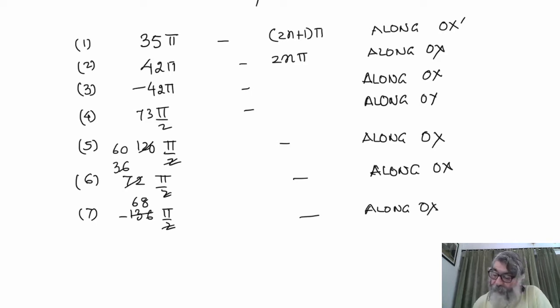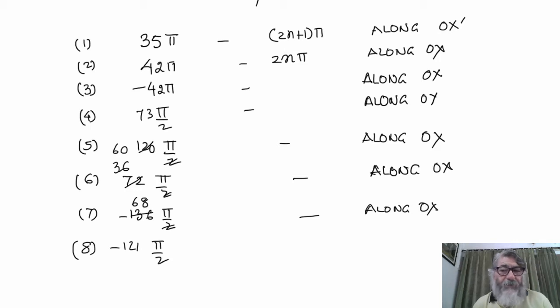Suppose it is minus 121 pi by 2. Now here it is an odd multiple of pi by 2, and it is negative. So forget about the negative. Divide by 4. You will get 1 as the remainder.